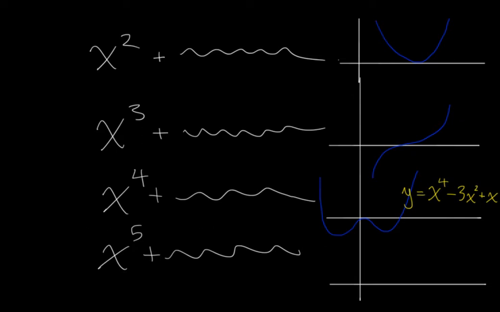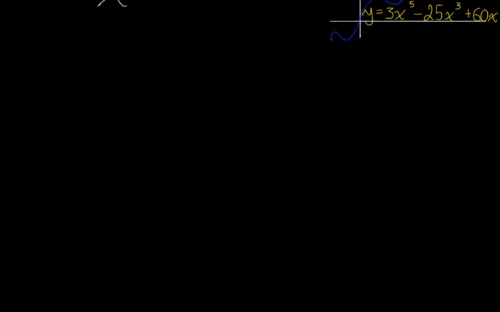And then I'm going to attempt one to the 5th power. Something like that. That's supposed to be y equals 3x to the 5th minus 25x cubed plus 60x. You could plug these formulas in to see the correctly drawn graphs. I probably should have brought out Grapher and showed you that.